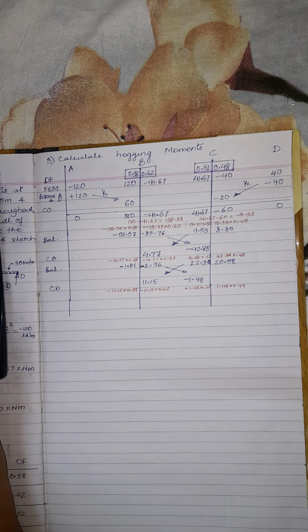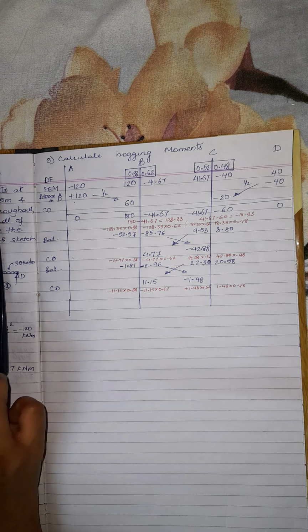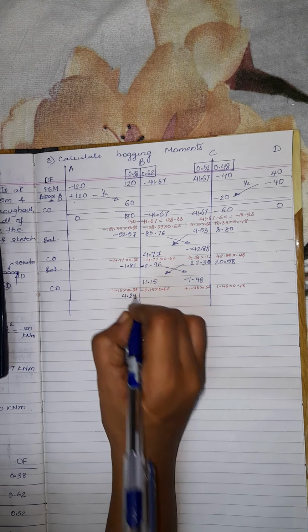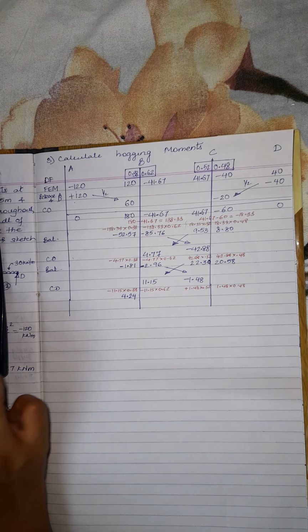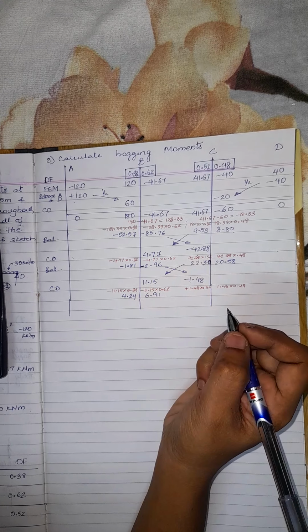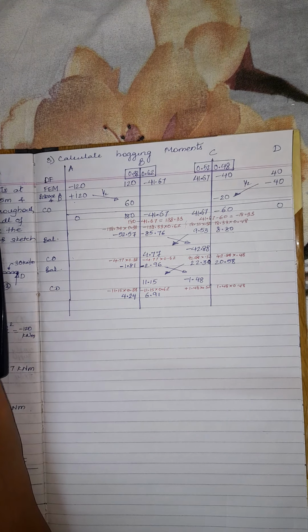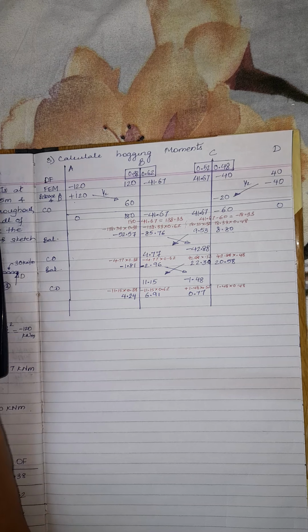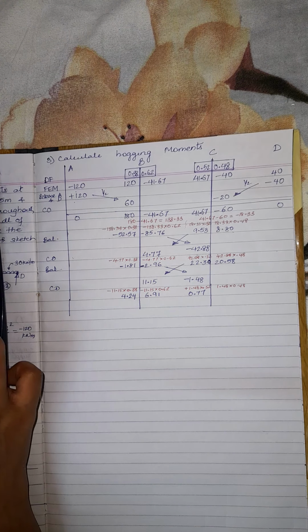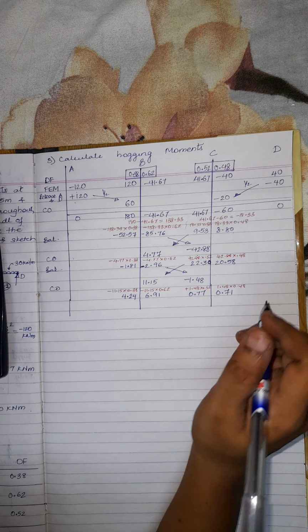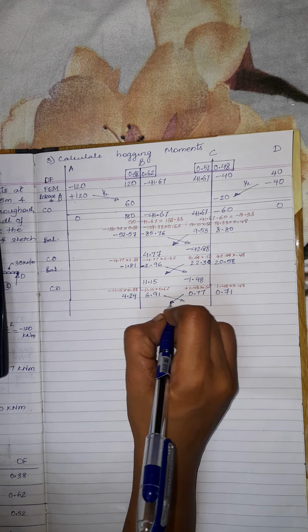Okay, so 11.15 into 0.38, value is 4.24, and here 6.91, 1.48 into 0.52, this is 0.77, and the other value is 0.71. Okay, now one more iteration, let's go for it.